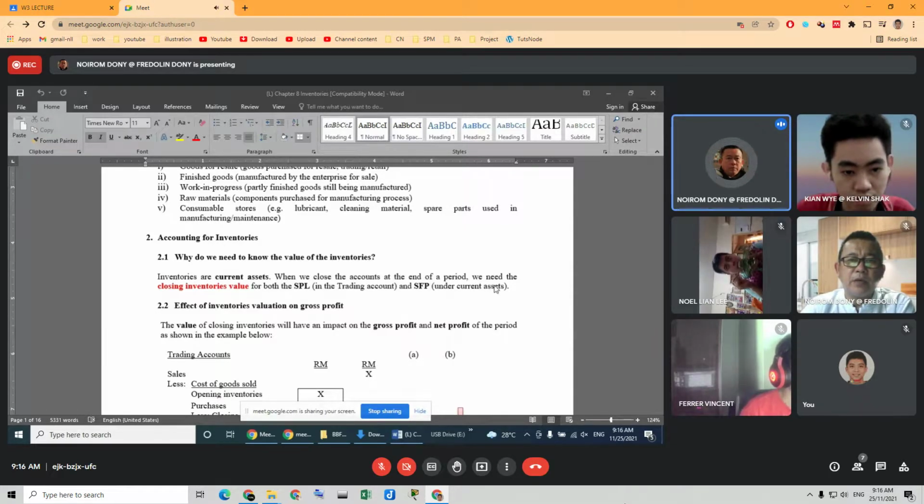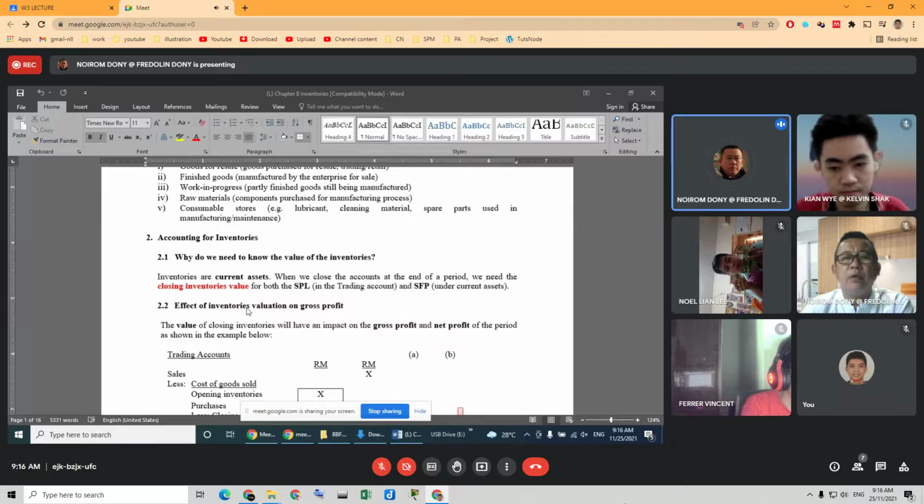So that is why we need the value of inventory in order to construct our statement of profit or loss and the statement of financial position. That is why the value of inventory is important.